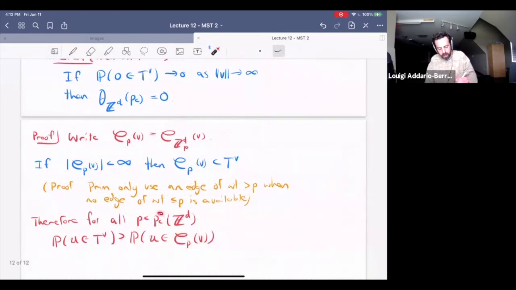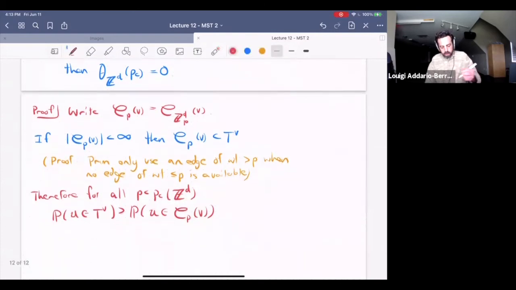This value was the smallest value where infinite components start to show up. So if p is less than that, then this component is finite. And then if this component is finite, that says that this event is more likely than this event. Okay, is that clear?